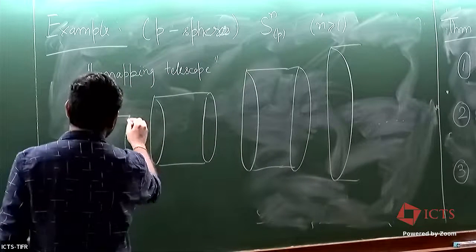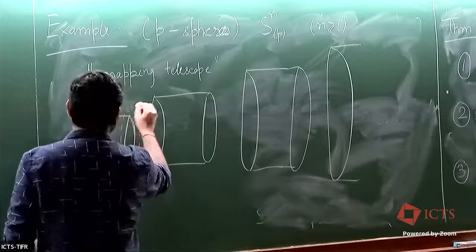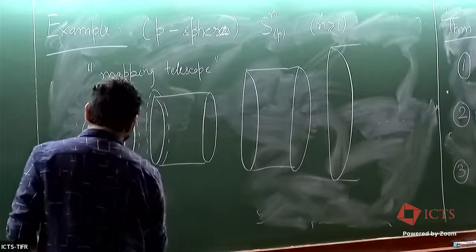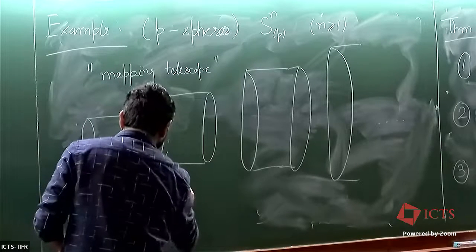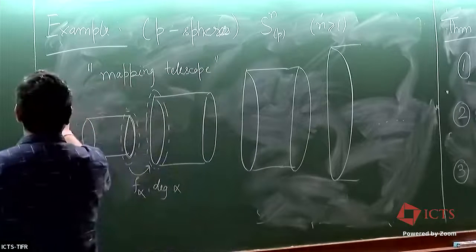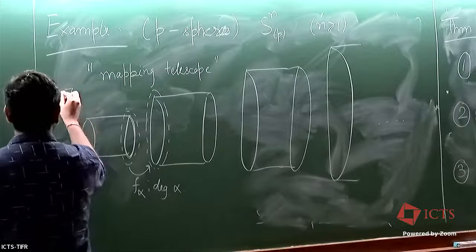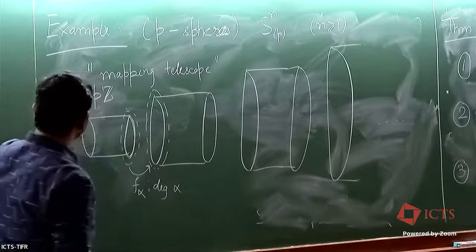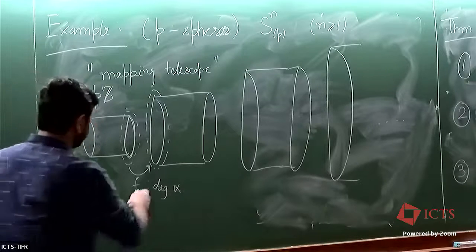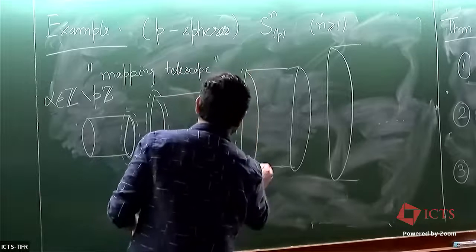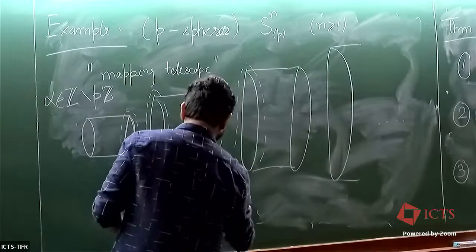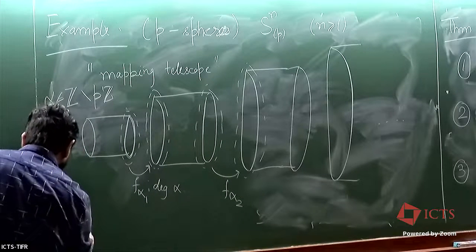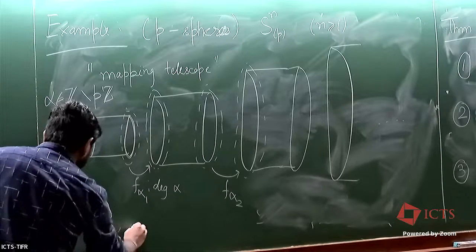And then we identify this S^n to this S^n under a map f_alpha, which is of degree alpha, where alpha is not a multiple of the prime P. I will keep on changing alpha, which is not a multiple of P. So let's say alpha_1, alpha_2, alpha_3, and so on is an enumeration of this set.